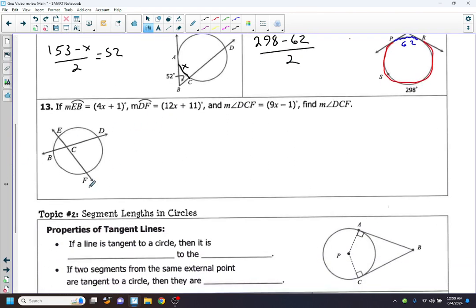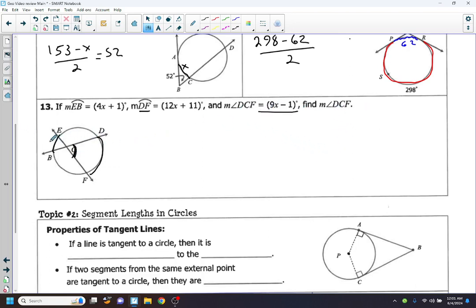Again, I'm just setting it up for you. All right, this one, if EB, so this guy over here, is 4x plus 1, and DF, this guy over here, is 12x plus 11, and DCF, this little angle in between, is 9x minus 1, find DCF.